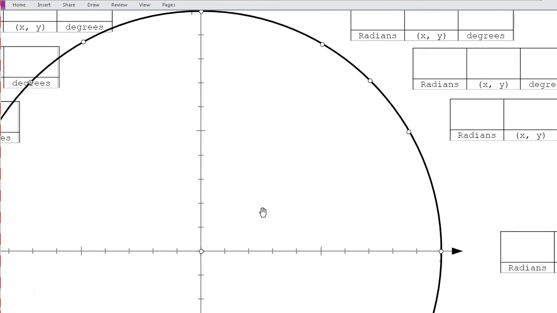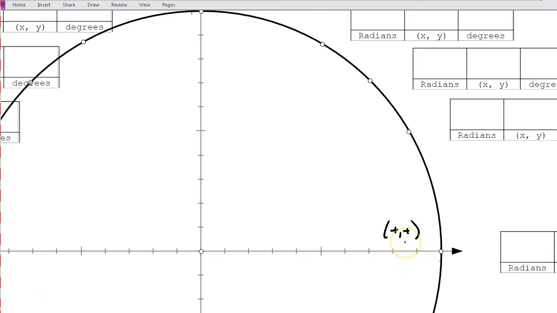So we know in the first quadrant the x is positive and the y is positive. So typically what I'll do here is I'll write something like positive, positive. And then I'll usually include outside of that what the tangent would be based on the x and the y.